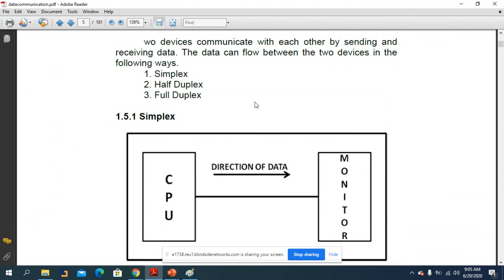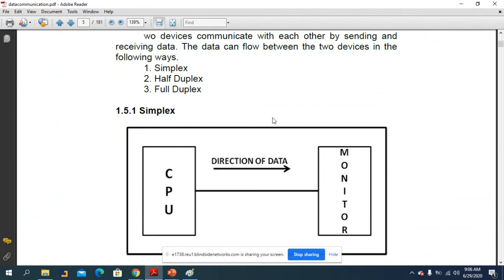When I'm using a keyboard, I'm typing something. That is a simplex because you must type so that the other device can receive the information. We have also talked about the CPU. The CPU is directing data to the monitor. That's when you can receive.